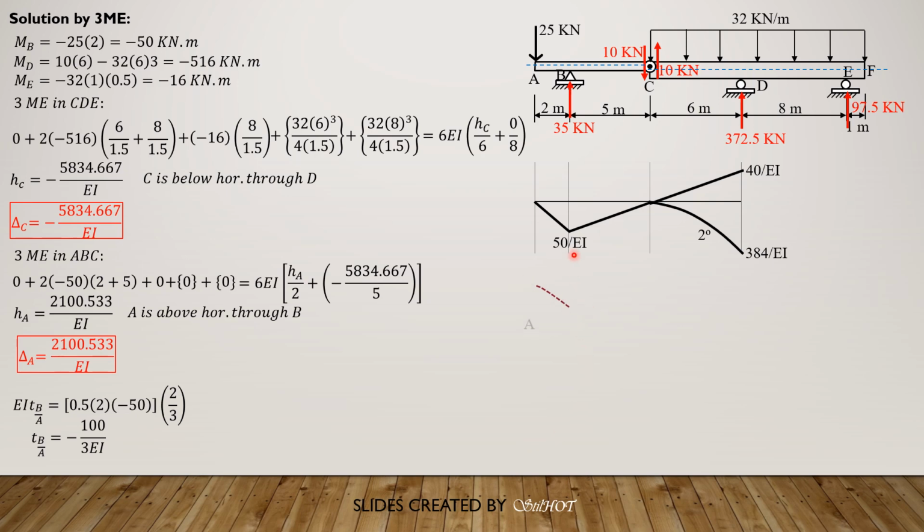If this is the elastic curve from B to A, then we draw the tangent at A. The tangent at A should be above B because the deviation of B relative to the tangent at A is negative. So this is the tangent, these light blue dashed lines. Then from the horizontal, the angle that the tangent at A makes with the horizontal is theta A. Because the distance is 2, then tangent theta A is just theta A. So this opposite side is 2 times theta A.